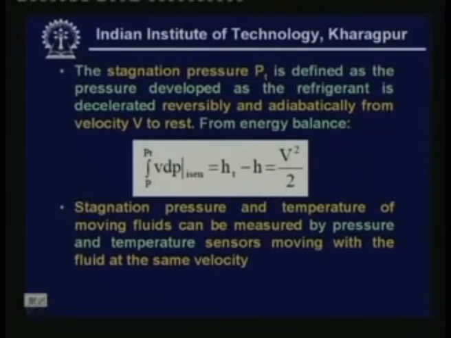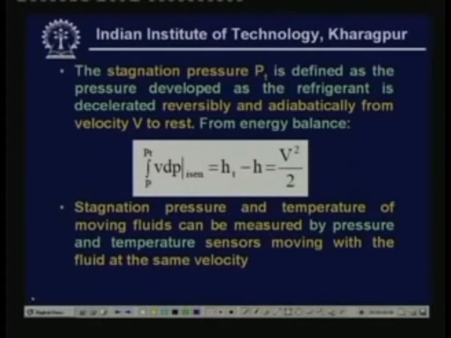And from energy balance you can show that when you reversibly and adiabatically bring down the velocity from value V to 0, you get this expression: Ht minus H is equal to V square by 2. To get this expression you have to use TdS is equal to dH minus VdP, and this is a reversible adiabatic process, so this is equal to 0. So, dH is equal to VdP. Okay. So, dH is nothing but Ht minus H.